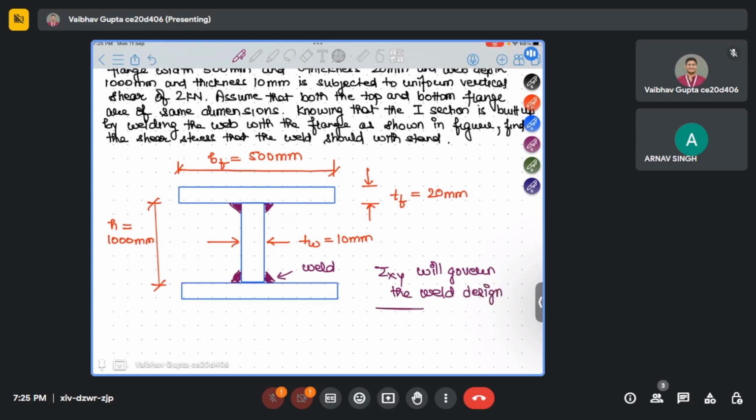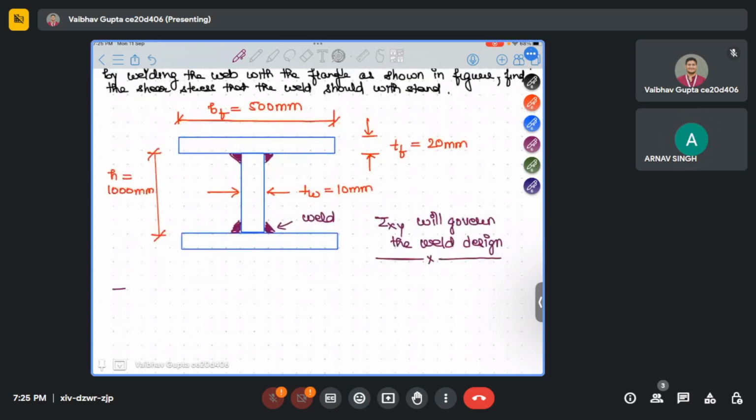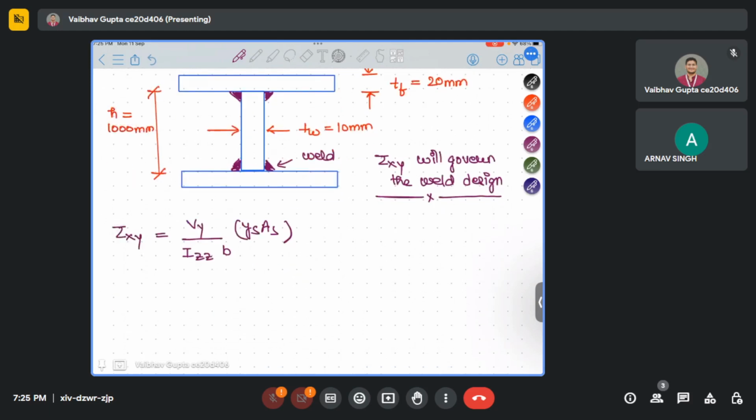Proper expression has been provided in the lecture of week 7. So what is tau xy? With the help of the formula, it is nothing but Vy by Izz into B into Y s As. Now in the question, Vy equal to 2000 Newton is given.